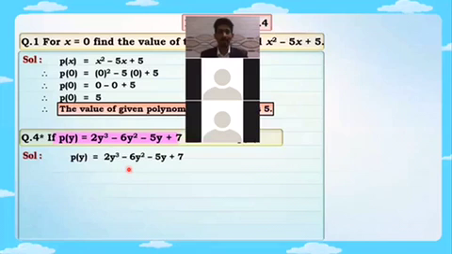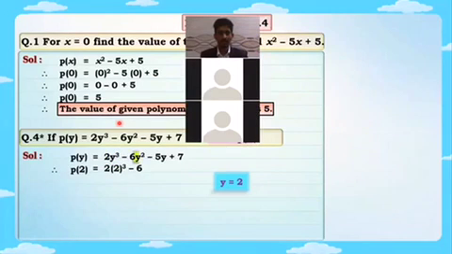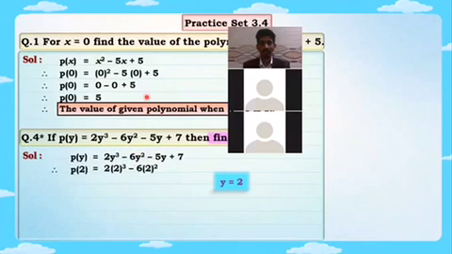Just in place of y, हम लोग को क्या लिखना है? Y के बदले 2. Very good. So let's write down p of 2 is equal to 2 into y के बदले 2 का क्यूब minus 6 into y square मतलब y के बदले 2 का स्क्वायर minus 5 into bracket में y का आंसर that is 2 plus 7. Let's solve it ahead.